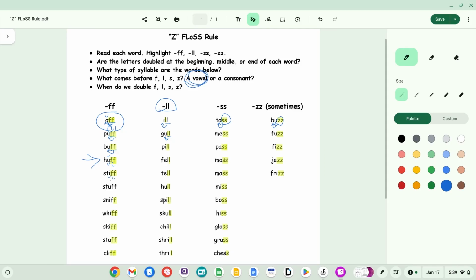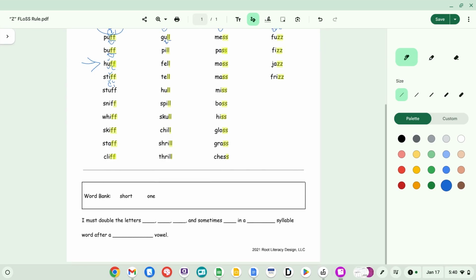This would be vowel consonant closed. I says stiff. So after pointing these questions out, I really want them to start to notice the double letter after a short vowel in a one-syllable word. And that's exactly what I want them to get at down here in this word bank. It says, I must double the letters F, L, S, and sometimes Z in a one-syllable word after a short vowel.